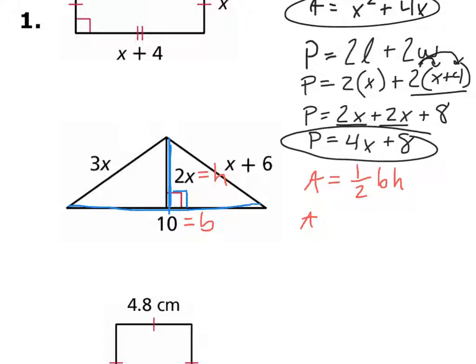So we have 1/2 times 10 times 2x. So now we multiply these 3 together, and we would get 10x.